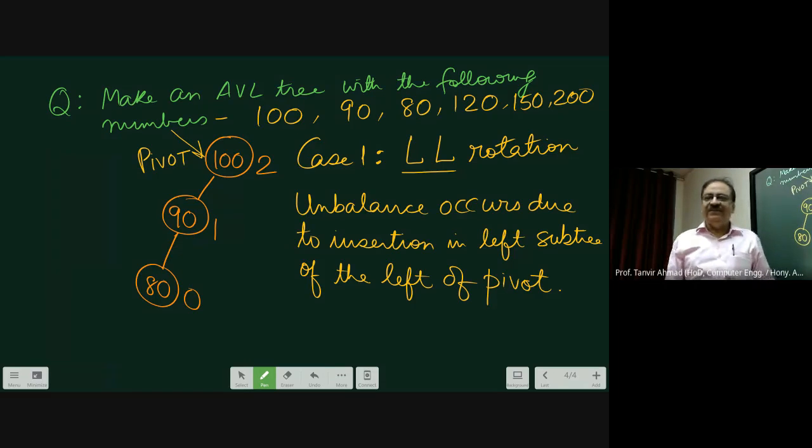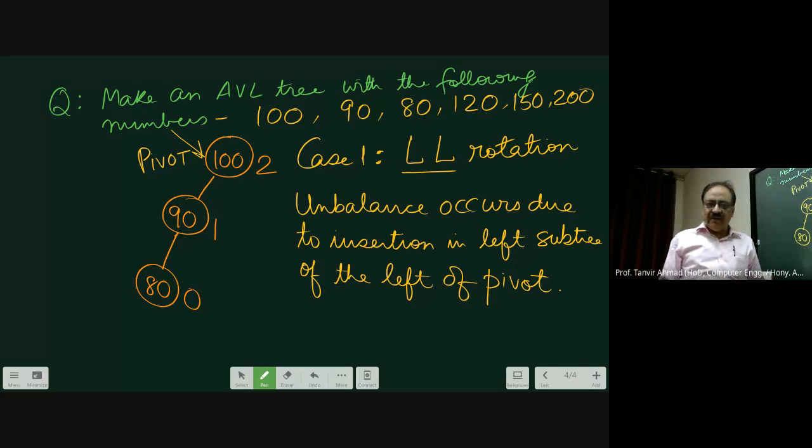Now understand this statement very well. Unbalance occurs due to insertion in the left subtree of the left of pivot. Now, what is the meaning? Unbalance is occurring due to insertion in the left subtree of the left of pivot.